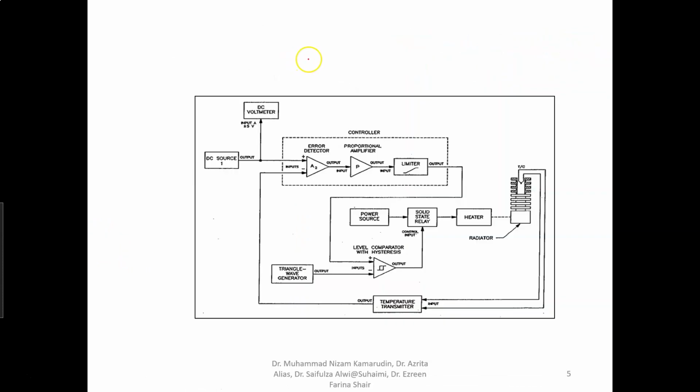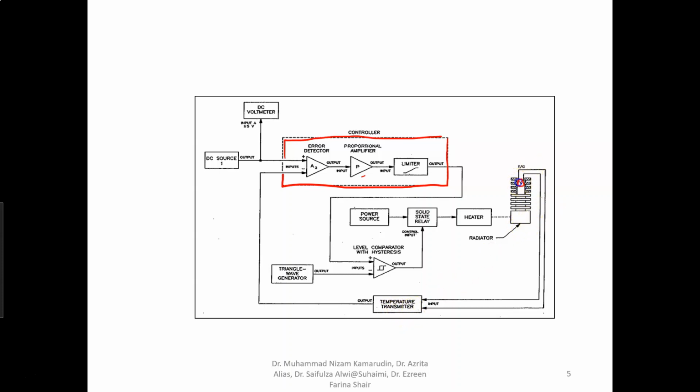The next slide shows the closed loop configuration of the temperature control system. The difference from the previous is the appearance of the controller box here. You can see from the configuration we have a controller where we use the proportional controller, and we have a feedback element, which is the temperature transmitter. In the radiator, we have a sensor.